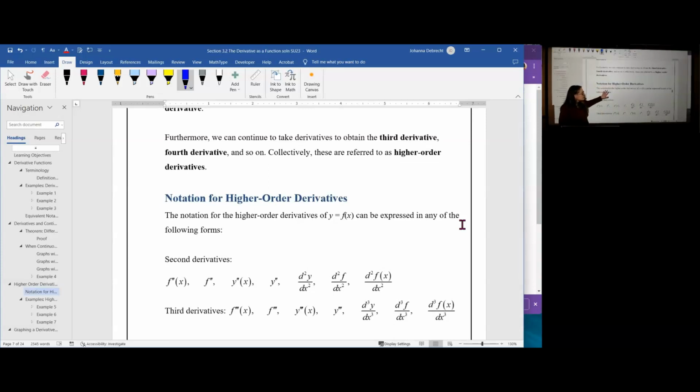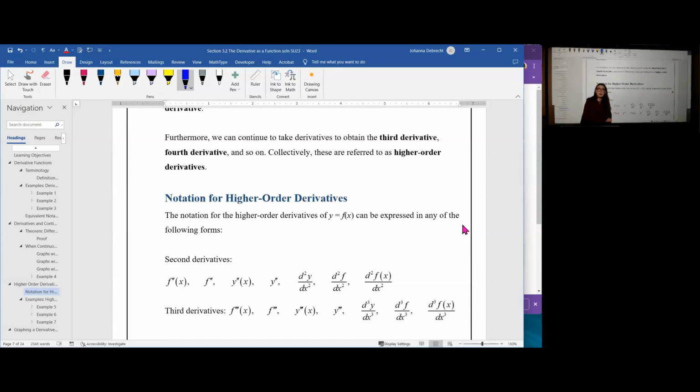When we're looking at this, let's express the notation, and we'll start with the second derivative. For the second derivative, we often use the prime notation, and instead of 1 prime, because it's a second derivative, we use 2. You could write it without indicating the independent variable x, or you can include it. You could also write y double prime of x, and that is how we say it, double prime.